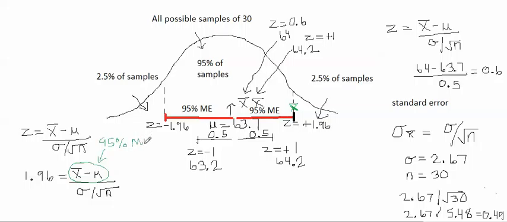The way we can solve for it is by just doing some algebra here. And if you're wondering how I knew that z-score was 1.96, it comes from a table. Because, like I said, if the sampling distribution is normal, this boundary z-score is always 1.96.